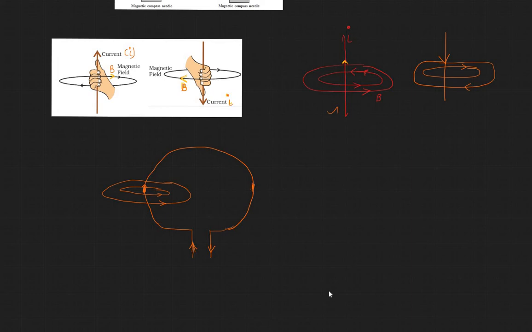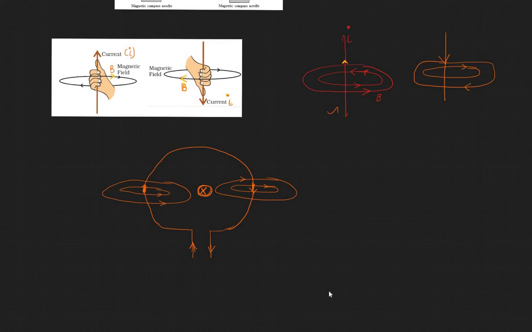And here the current is coming back, so here again there will be a loop of magnetic field. But what you can see is that in the center, either way the magnetic fields are adding up, and all the magnetic field lines are going into the coil. So we say that the net magnetic field in the center is going inward.